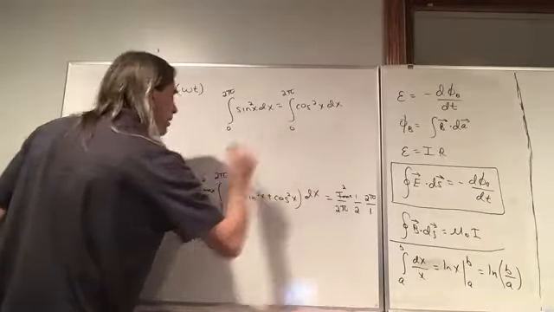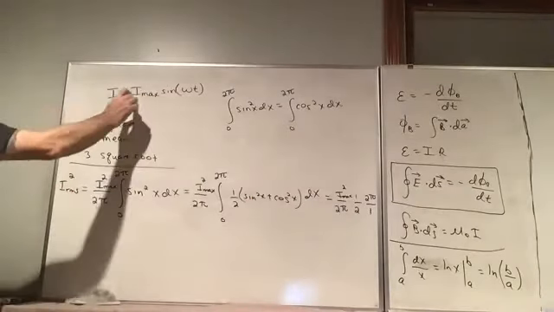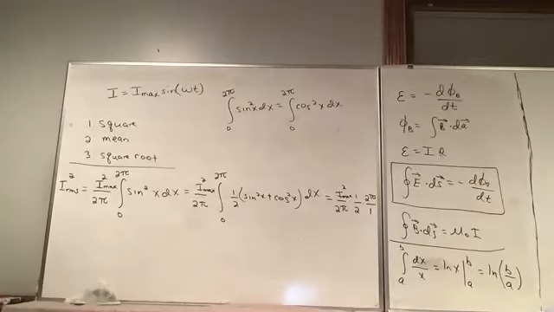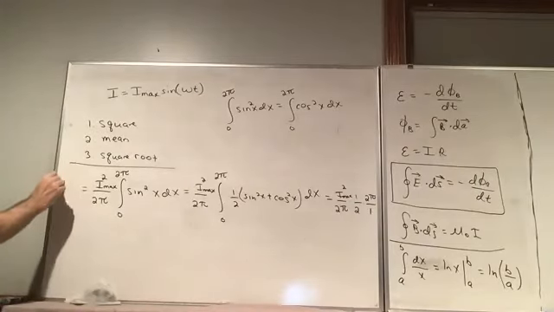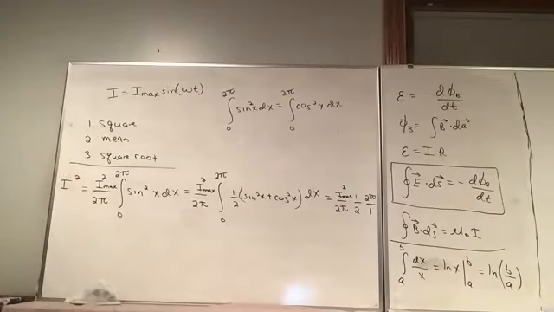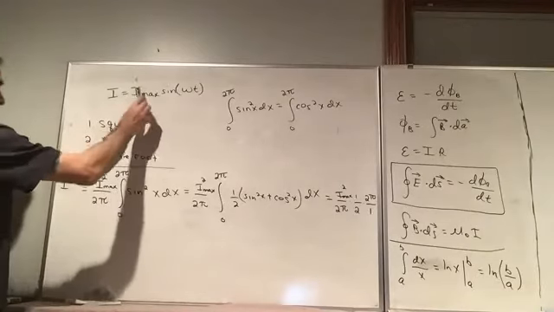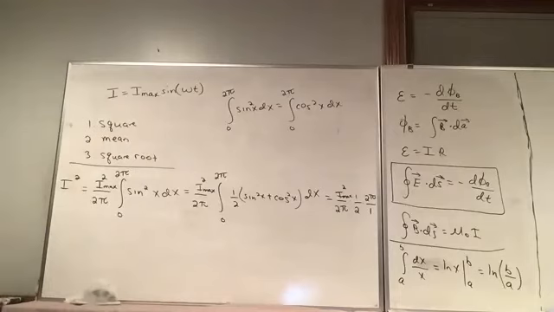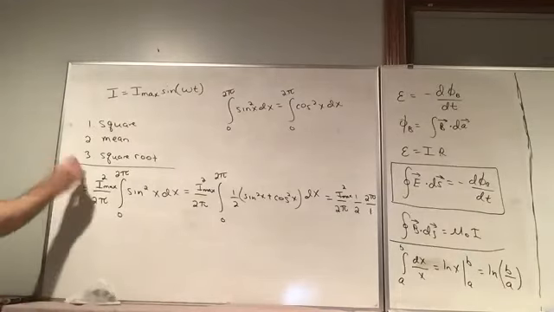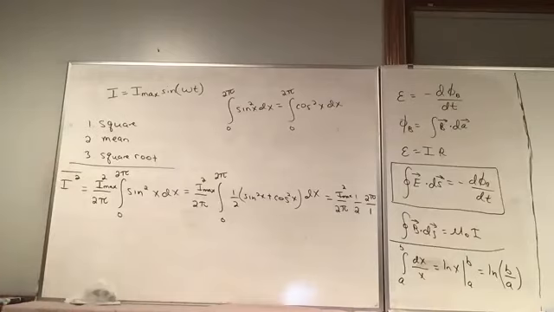So we square this function. So we have I max squared sine squared omega t. Let's just put a line over it. So we're talking about the average value of that.